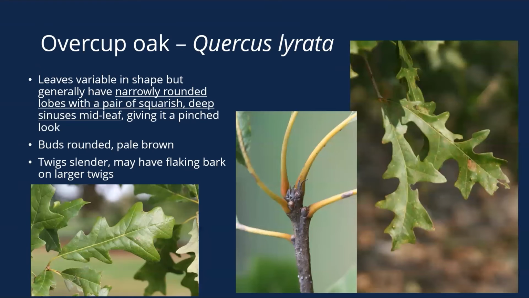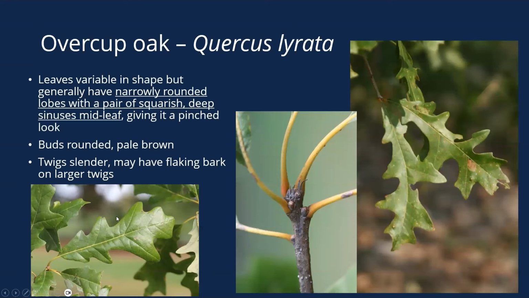So overcup oak can look a lot like a white oak in its leaf, right? They look very, very similar. In general, there tends to be a pair of deep sinuses, almost like a pinch in the middle of the leaf, that are kind of square. You can see it better on this picture on the right, where you have this real narrowing of the leaf right here in this pinched look, but you can still see it on the picture on the left in the middle.